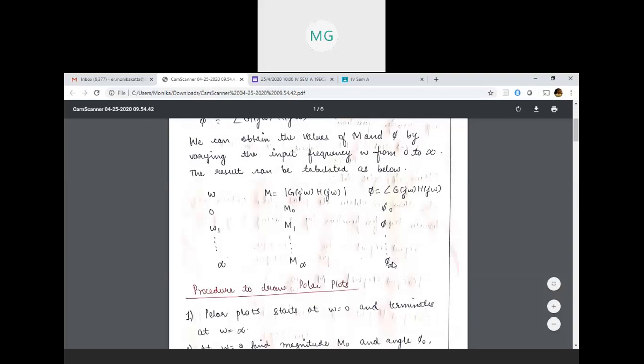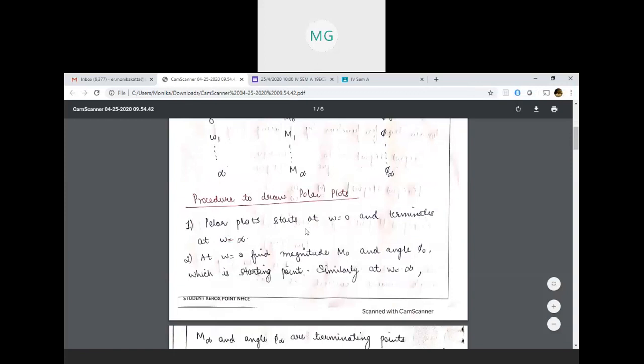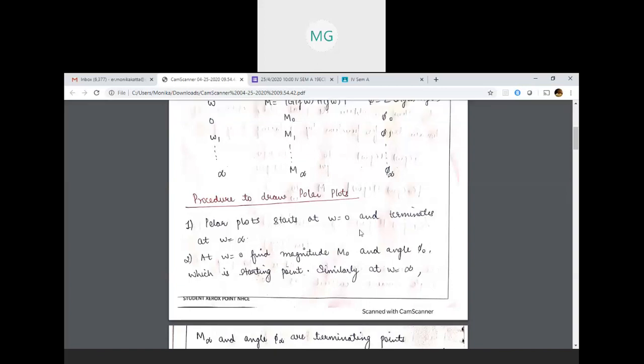Now the procedure to draw polar plots. Your polar plot starts at ω = 0 and terminates at ω = infinity. It always starts at ω = 0 and terminates at ω = infinity. Are you getting the first point?